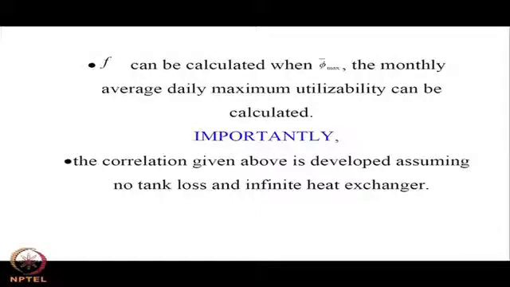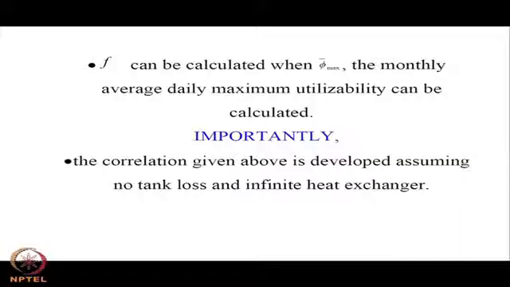Now, last but not the least, in this correlation, we do not know anything about the heat exchanger, number 1. Number 2, we also have not explicitly or implicitly considered in deriving this relation the losses from the tank. So, you might wonder why the losses from the tank were not there in the F chart, nor did I mention the tank losses and the heat exchanger correction.